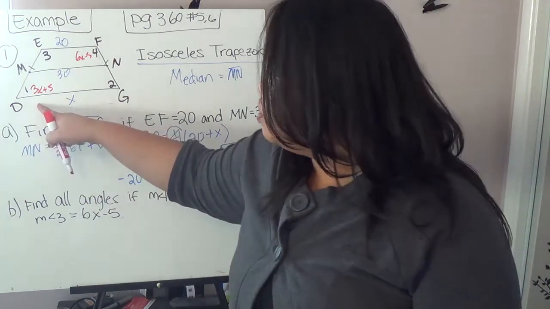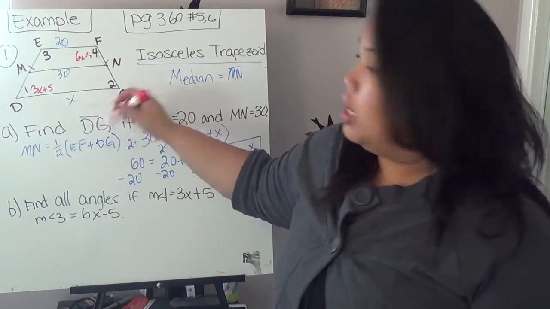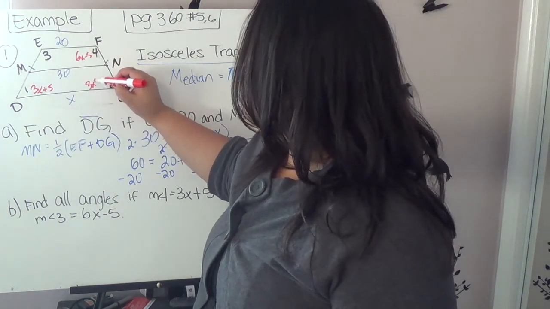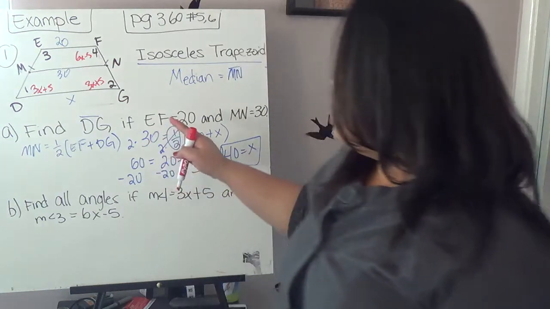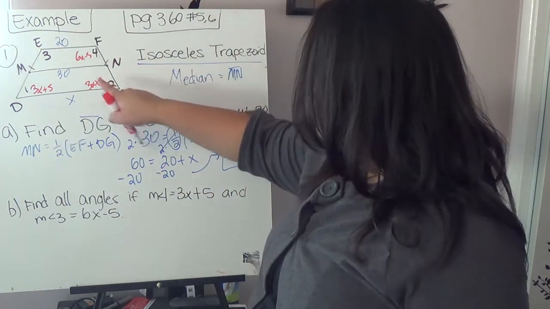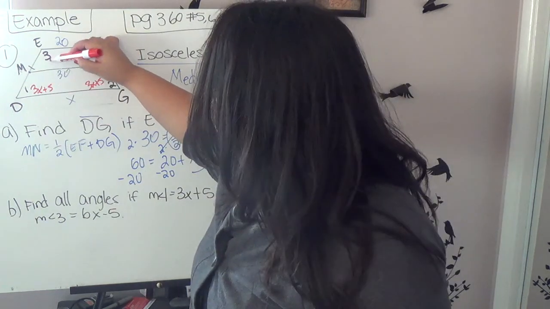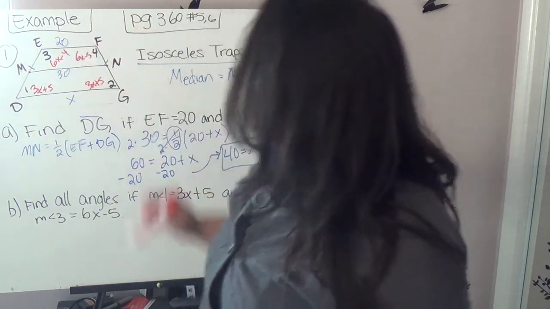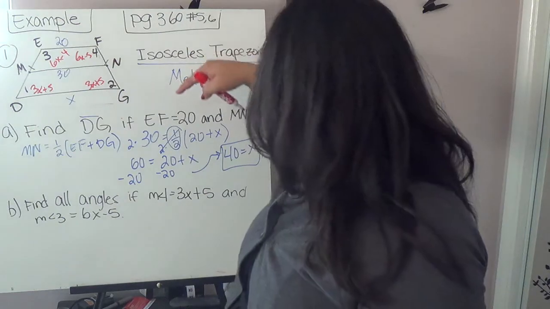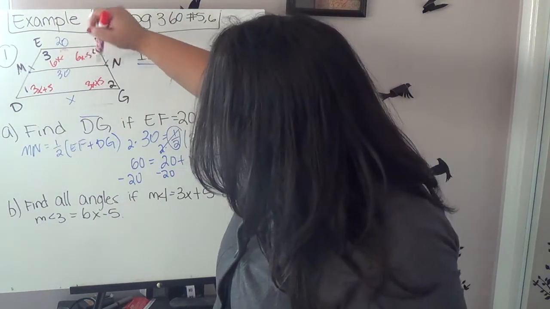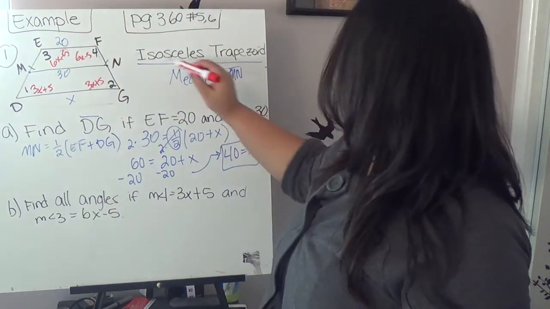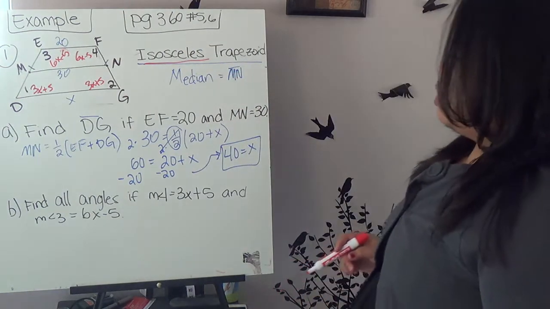So if angle 1 is 3x plus 5, what does angle 2 have to be? It also has to be 3x plus 5. Same thing with the next one: if this is 6x minus 5, then I have to make this 6x minus 5, because it's an isosceles trapezoid.